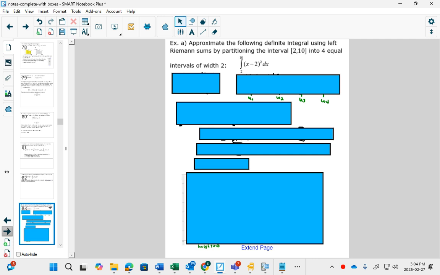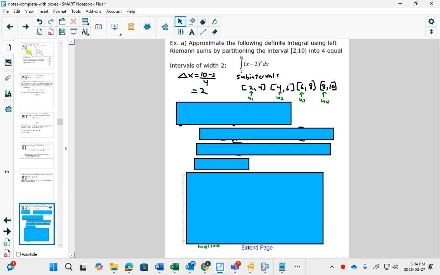Yes? Okay. So if you wanted to find the area of (x minus 2) squared from 2 to 10, and you had 4 equal intervals, we could write down what our intervals are. You would go from 2 to 4, 4 to 6, 6 to 8, 8 to 10, which means your change in x is 2 every single time.